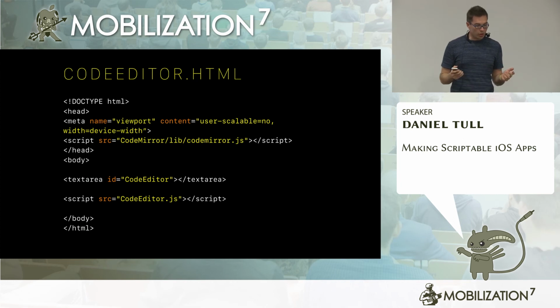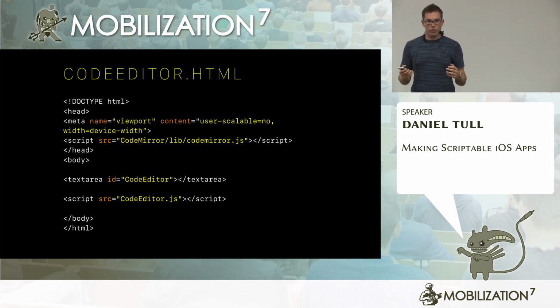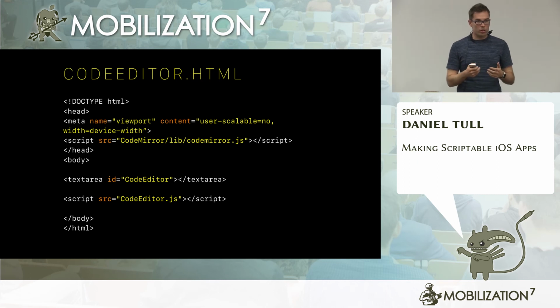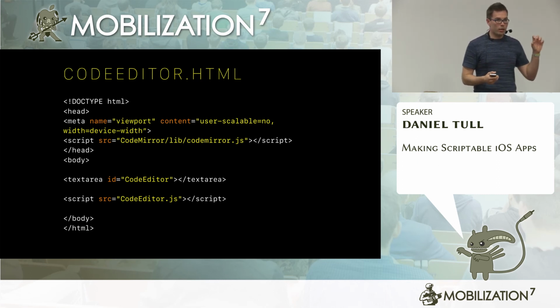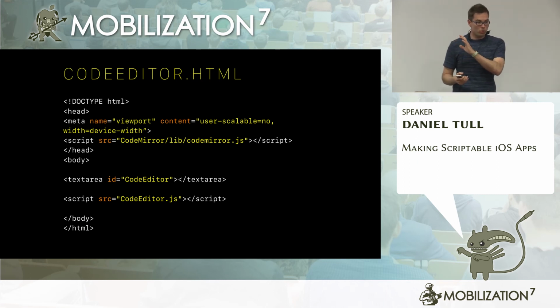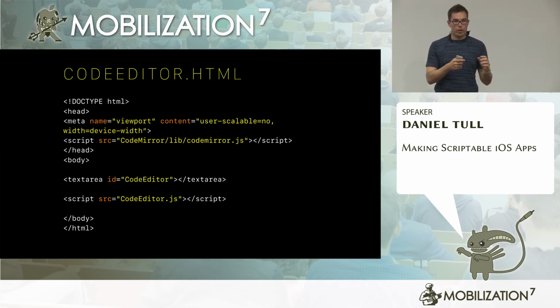But we just get the CodeMirror JavaScript, we add it in, and it's a text area. So if you don't know HTML, a text area is just a typable area, and it takes that and shoves it off screen somewhere, or to a corner or a single pixel, and replaces that element with the full-fledged CodeMirror editor.